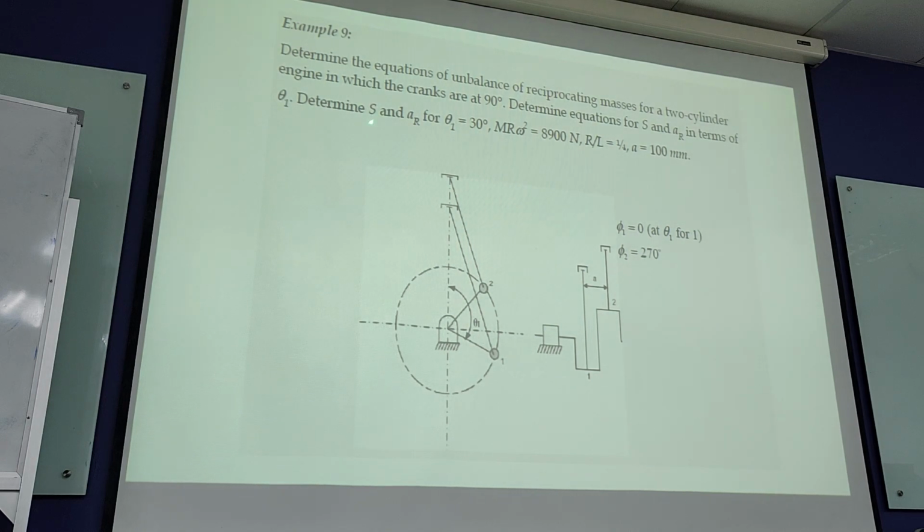You are asked to determine the shaking force and the resultant distance when theta 1 is 30 degrees. The value m r omega square is given, so it's just a constant. The ratio R by L is given. Here A is given as 100 mm, the horizontal distance between piston cylinder 1 and 2.